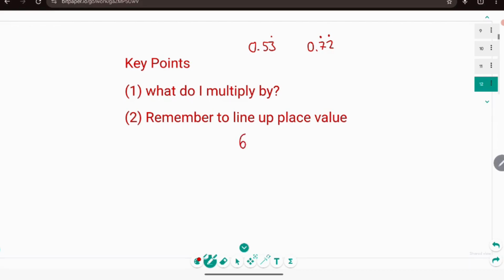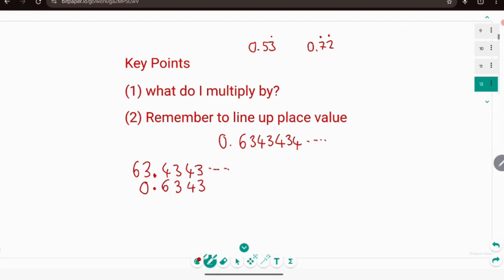So here's an example. So let's say I've multiplied this by 100 because it's double digit. When I put my original decimal underneath, decimal points have to be underneath each other, and each digit also has to be underneath each other like this.